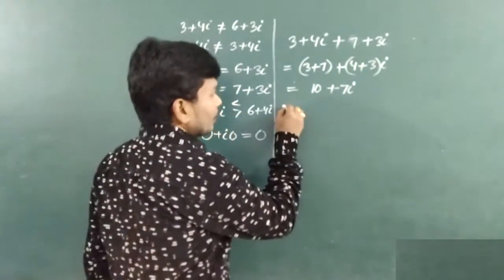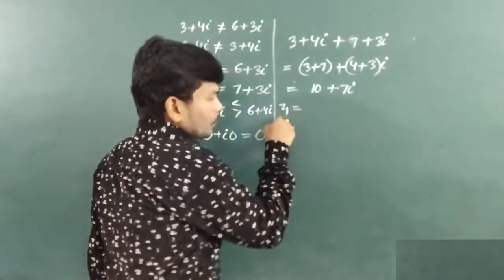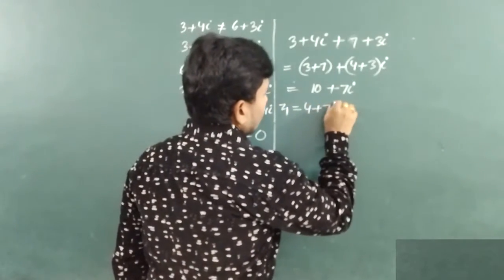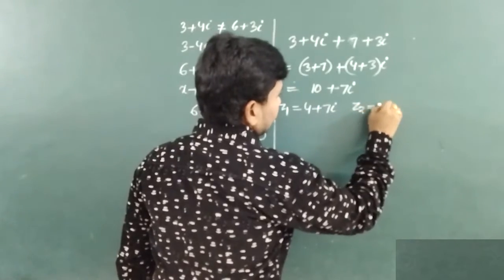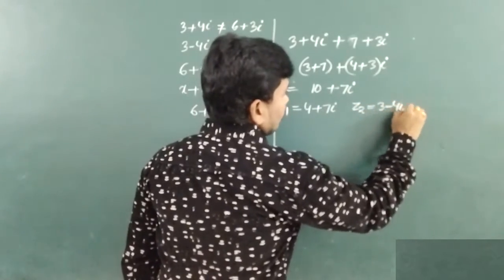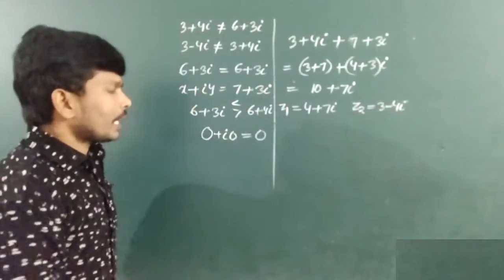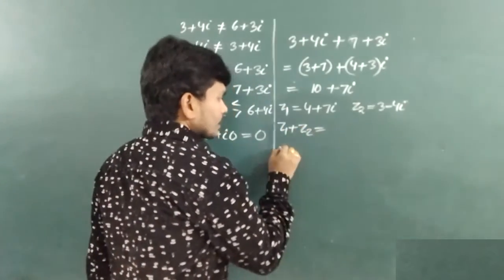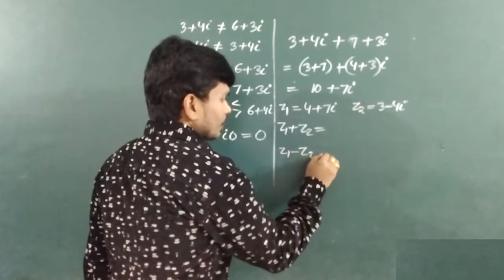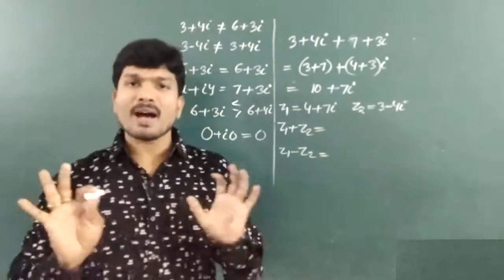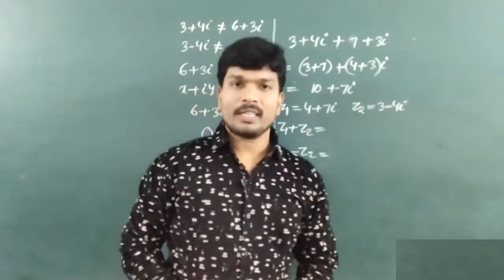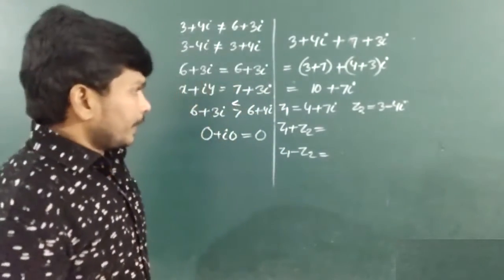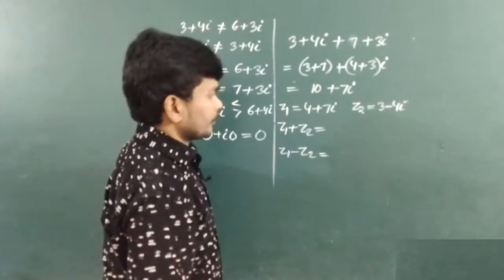Now one more problem I am giving you, get ready to do it. Suppose Z1 is a complex number, its value is 4 plus 7i and Z2 is 3 minus 4i. Then I am asking you Z1 plus Z2 equal to dash, Z1 minus Z2 equal to dash. Pause the video and try to solve it and you check my answer. Okay, see how to add it.